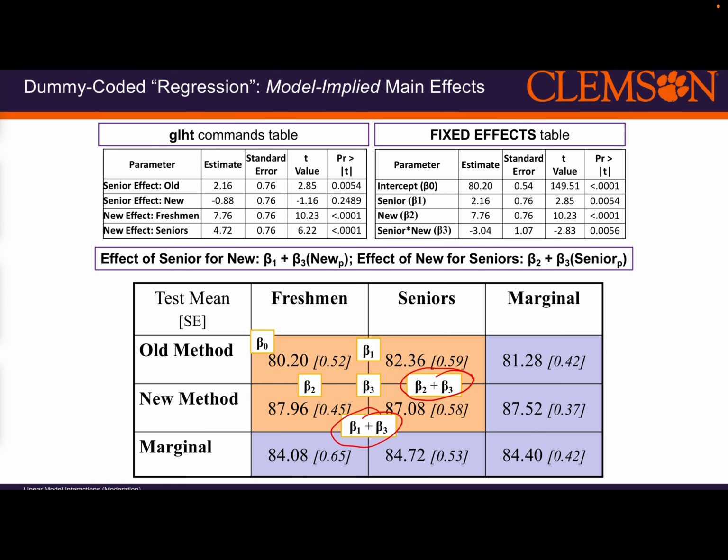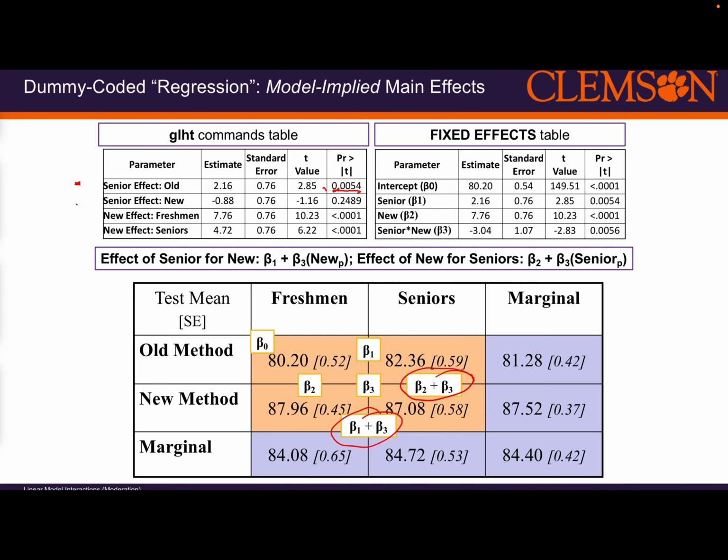Okay. What we will also say with that, maybe equally important, is, and see, I've been teaching Bayesian statistics for a number of years, and now I'm going back to frequentist, so I have to remember the importance of p-values. Here, why that might be important is to say, okay, is there a difference between seniors and freshmen? Well, is there a significant difference, I should say? Well, that depends. In the old method, there was a significant difference. That p-value was less than 0.05, or whatever your favorite alpha level was.